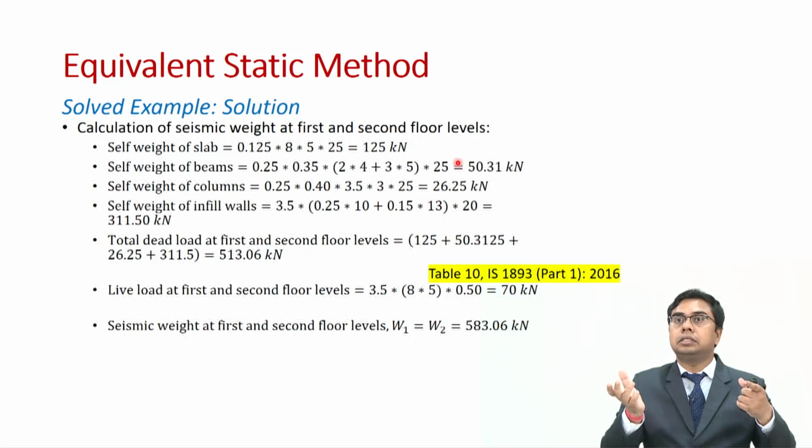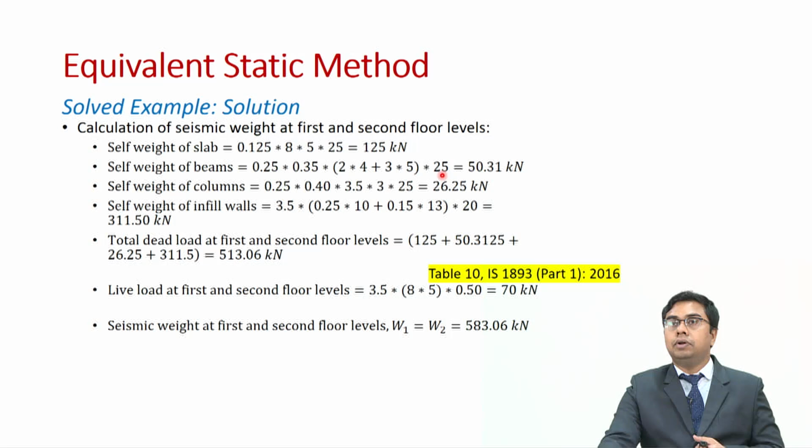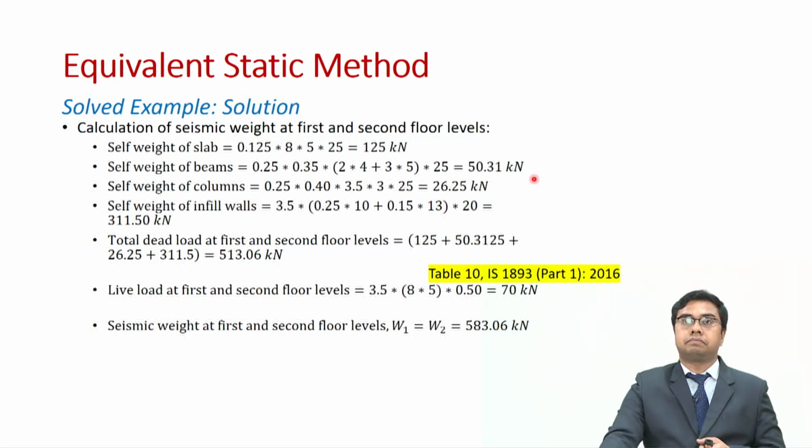There will be 6 such beams actually, which will have length of 2.5 meters, or you can say 3 into 5. So, this is the way we have estimated. The cross section of all the beams is given to be 250 mm by 350 mm, and when multiplied with the unit weight of reinforced concrete, we get the self weight of beams as 50.3 kilonewton.